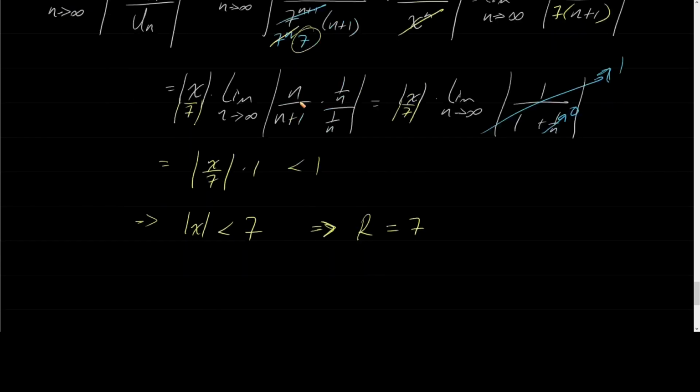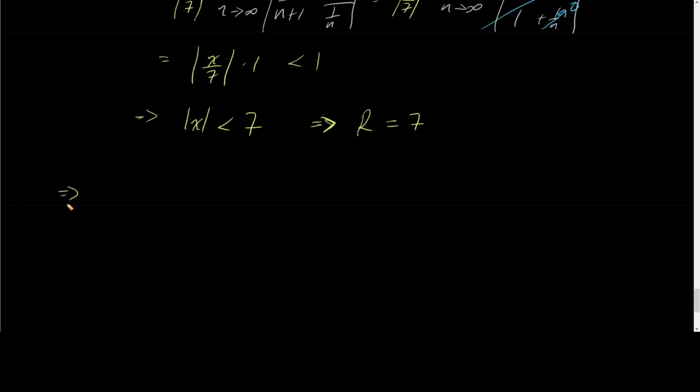So that implies our interval of convergence is anywhere between -7 and 7. But the question is, is it parentheses? Is it a bracket on one side? Is it a bracket on the other side? Is it brackets overall? Which of those scenarios is it? All right, that's the next question.